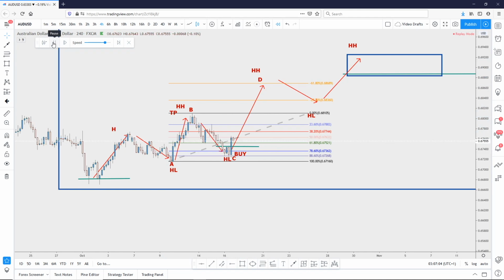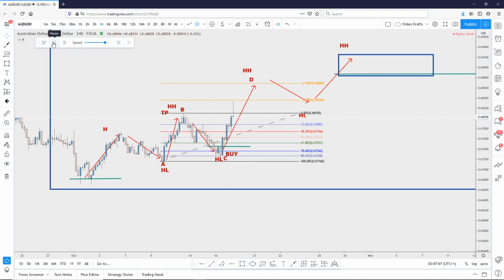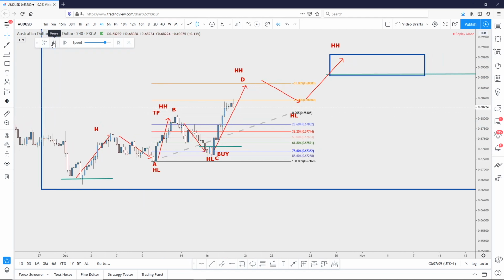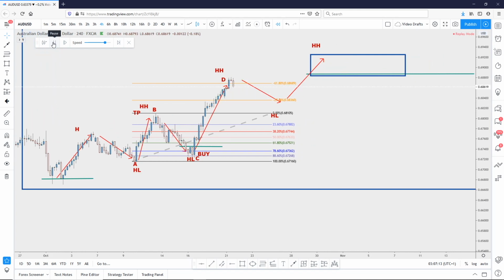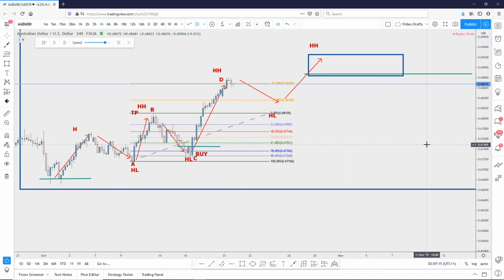See what happens. And boom, beautiful. It hits take profit 3. So again, 0% is take profit 1, negative 27% is take profit 2, negative 61% is take profit 3.